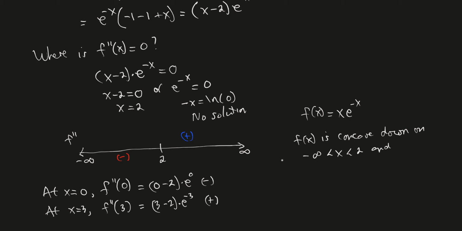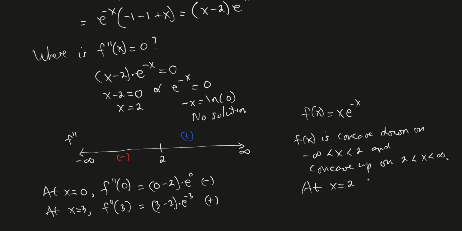And concave upward, so concave up on the interval 2 to positive infinity, right? And then we can say at this point, so at x equals 2, f of x has an inflection point.